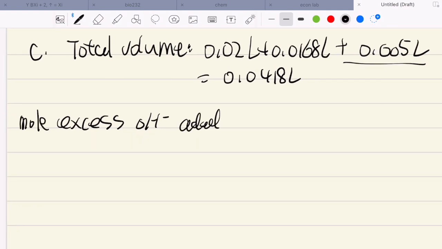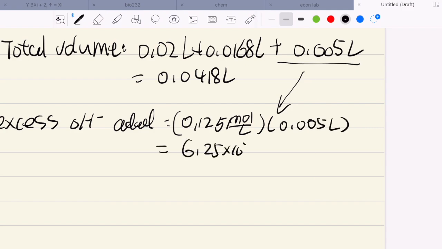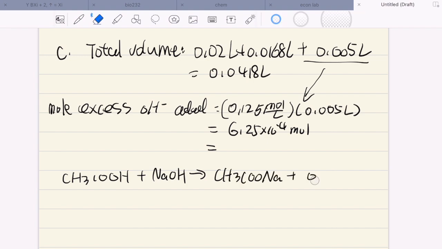So we use the formula to calculate the amount of OH added, the moles of it. And it also equals the amount of conjugate base produced, as we can see from this formula. And sodium is a spectator ion, and this is our conjugate base.